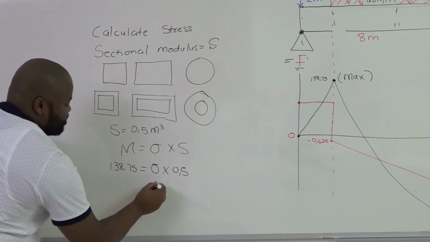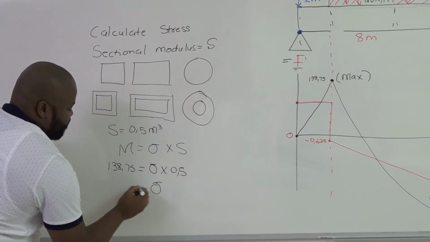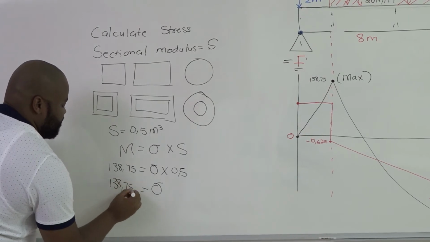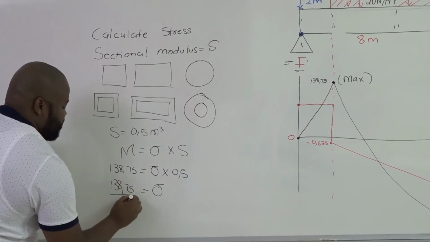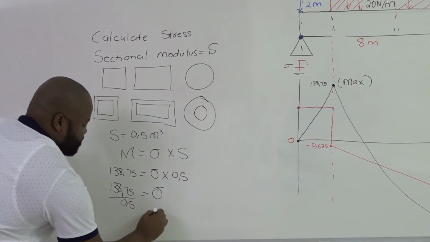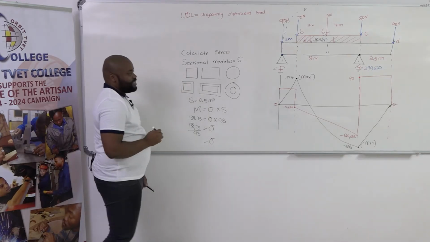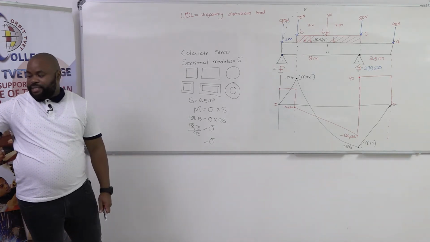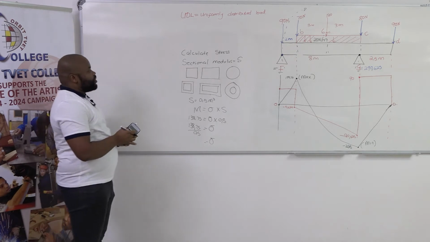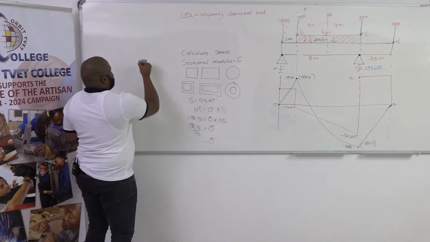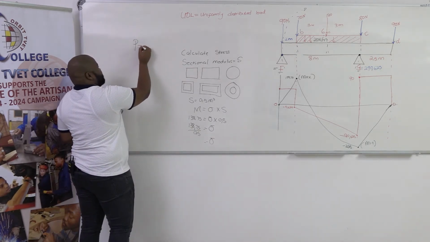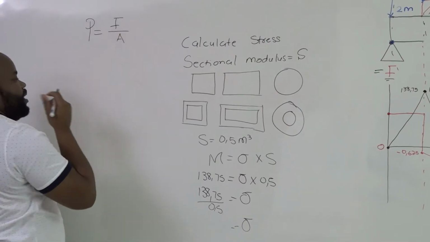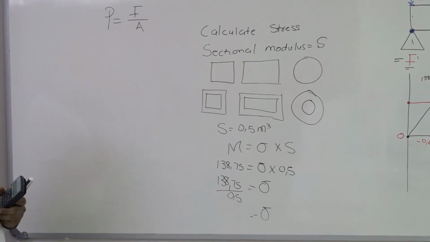So for us to calculate stress, we're now going to say 138.75 divided by 0.5, of which we can now get our stress. Our stress is measured in pascals, meaning that we are talking about pressure. The formula for pressure is force that is applied over a certain area.